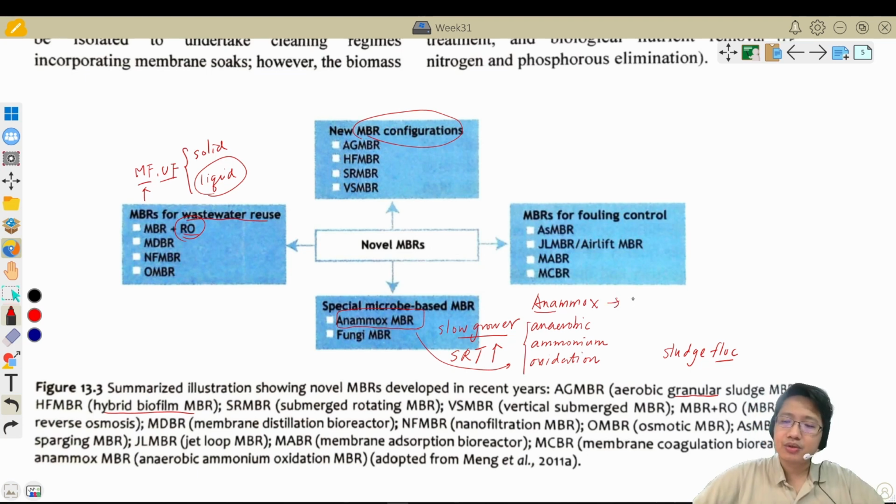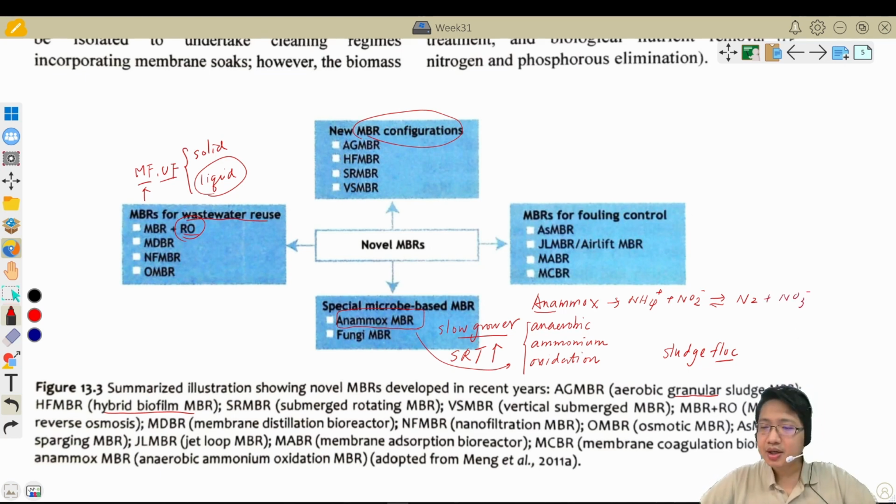They are using ammonia and nitrite as their electron donor and electron acceptor, then they convert directly to nitrogen gas plus a little bit of nitrate. So they can become biogas, and by using a very easy one-way reaction they complete the nitrification and the denitrification.